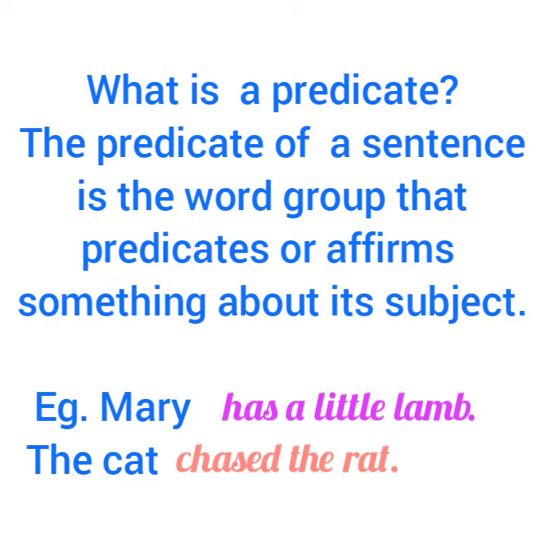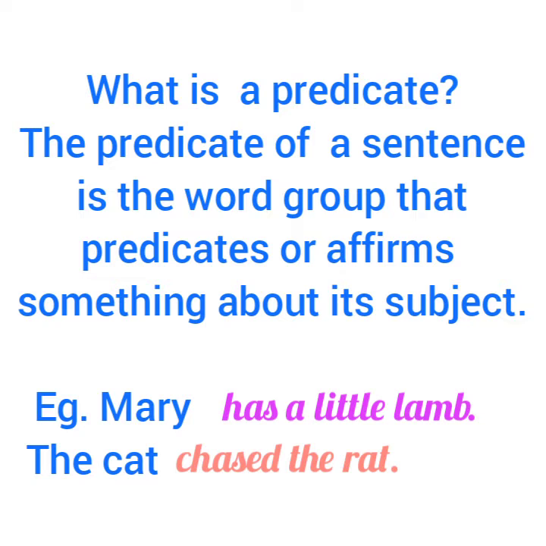Once we have found the subject of a sentence, the remaining part of the sentence is called its predicate. It includes the verb as its chief word. In this sentence, the verb is has. And in short, we can say that from the verb to the end of the sentence is called predicate. So, has a little lamb is the predicate of the sentence.